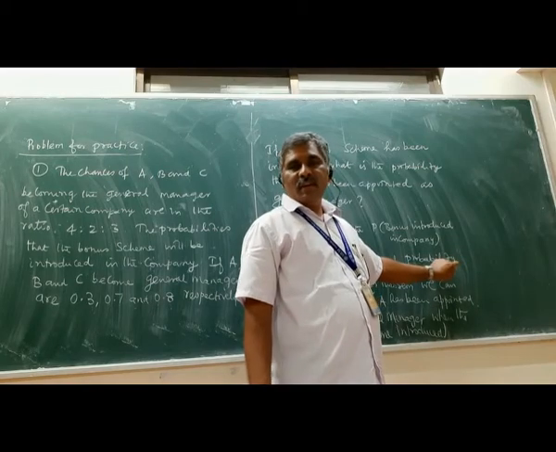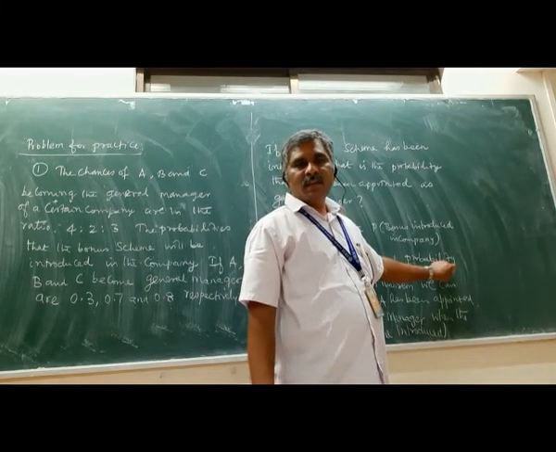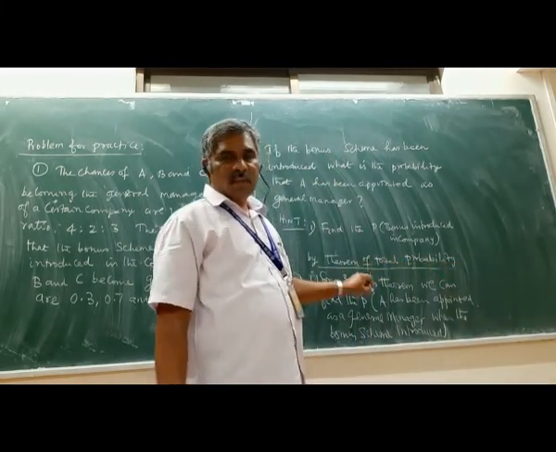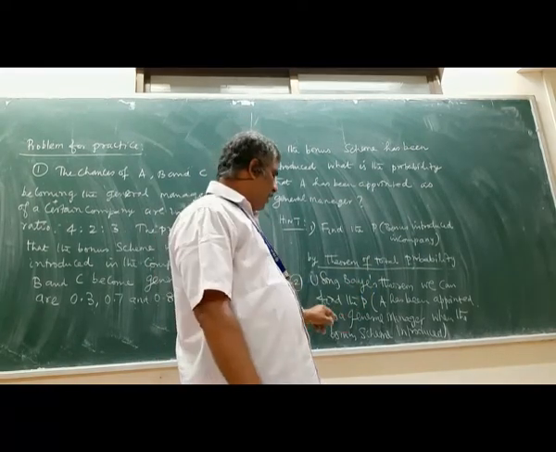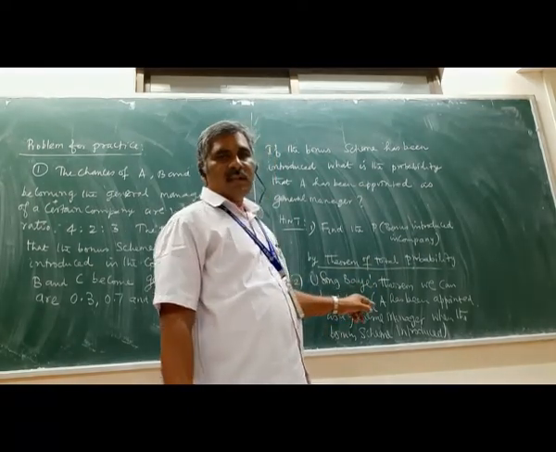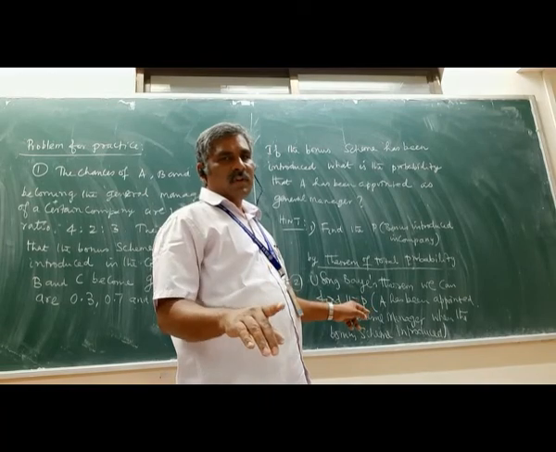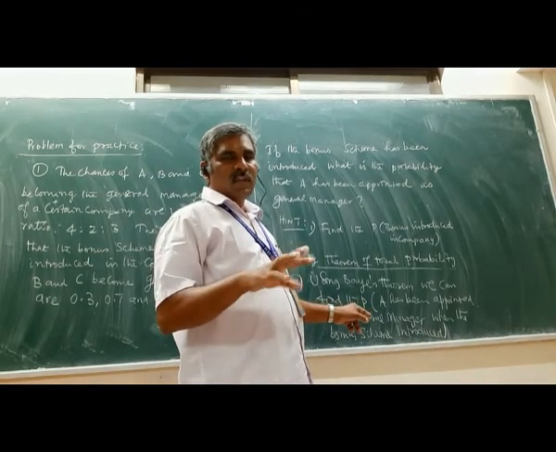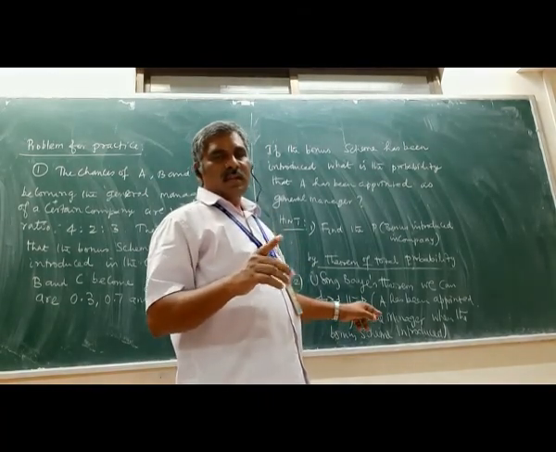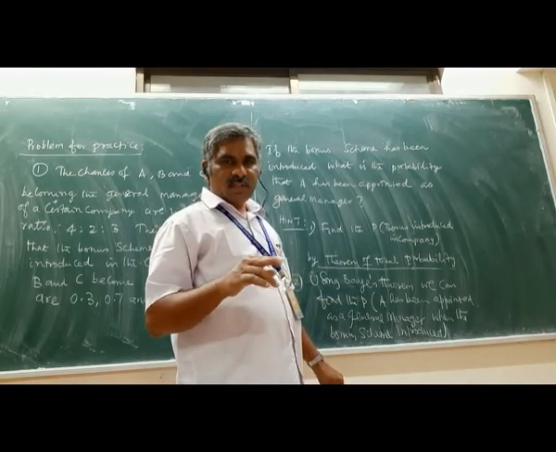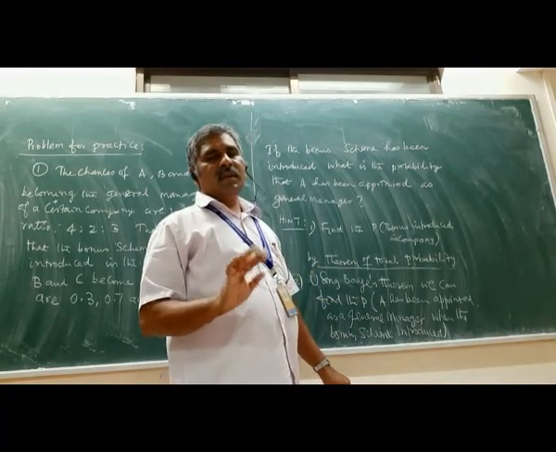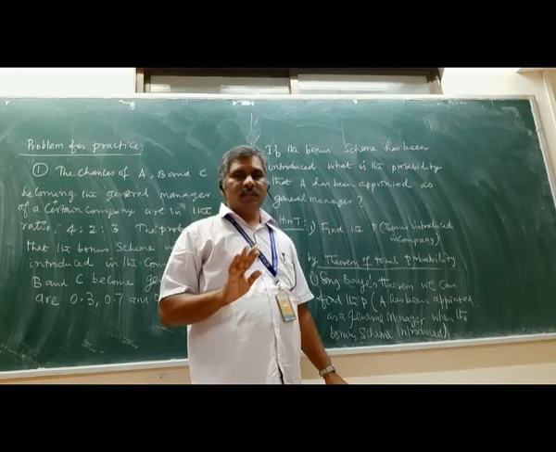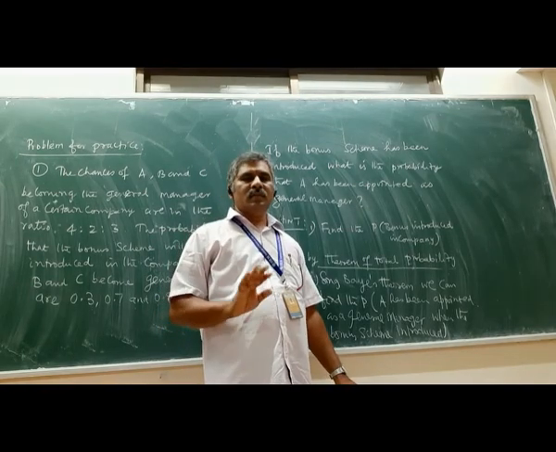That is the denominator part. What is the numerator part? The probability that A becomes the general manager, that is term 1. So term 1 is the numerator part, and the theorem of total probability result is the denominator part. That is the shortcut to solve the problem.